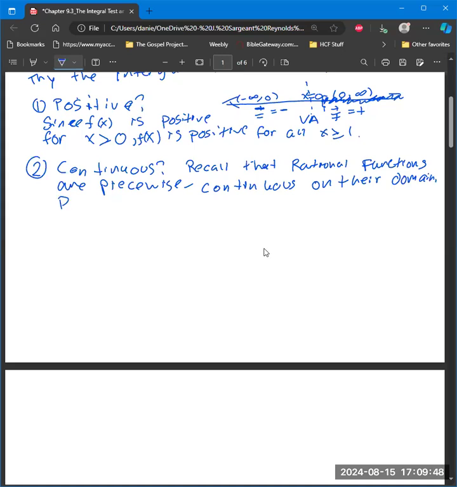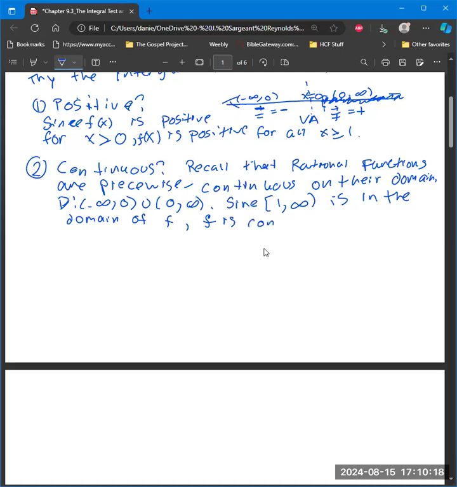The domain of the function here is negative infinity to 0, union 0 to infinity. Since 1 to infinity is in the domain of f, f is continuous on 1 to infinity.